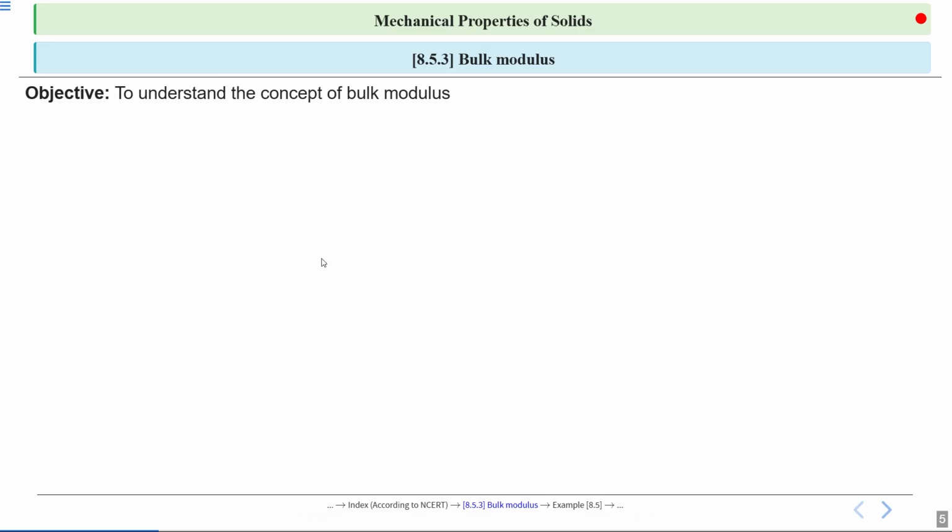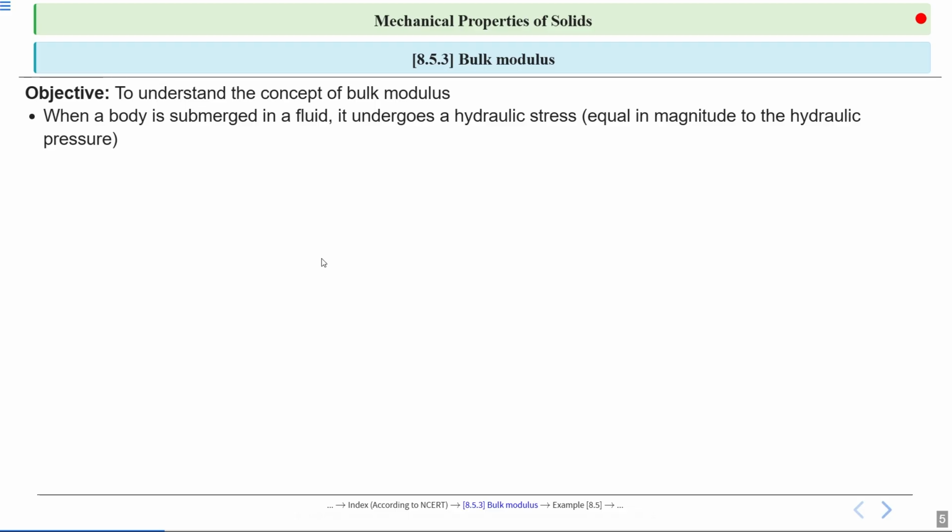So let's start. Here, our aim is to understand the concept of bulk modulus. So let's start by looking at what happens when a body is submerged in a fluid.